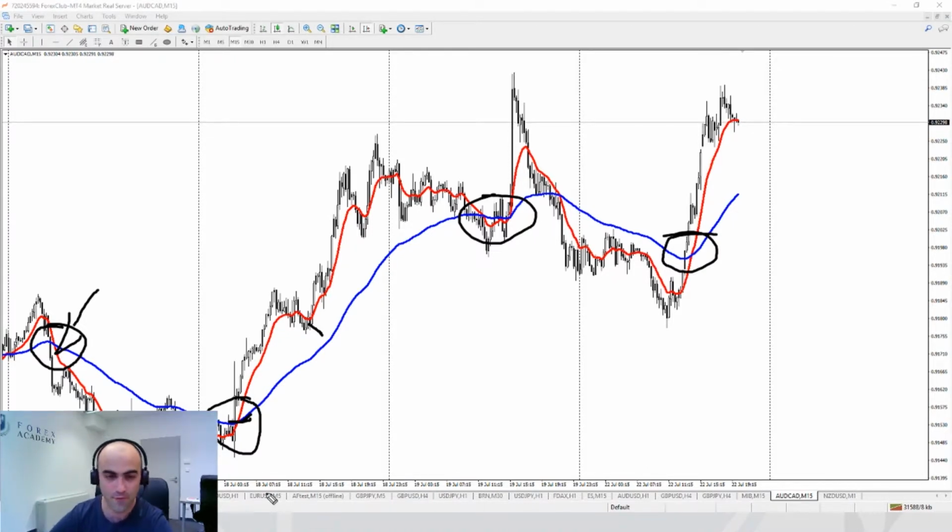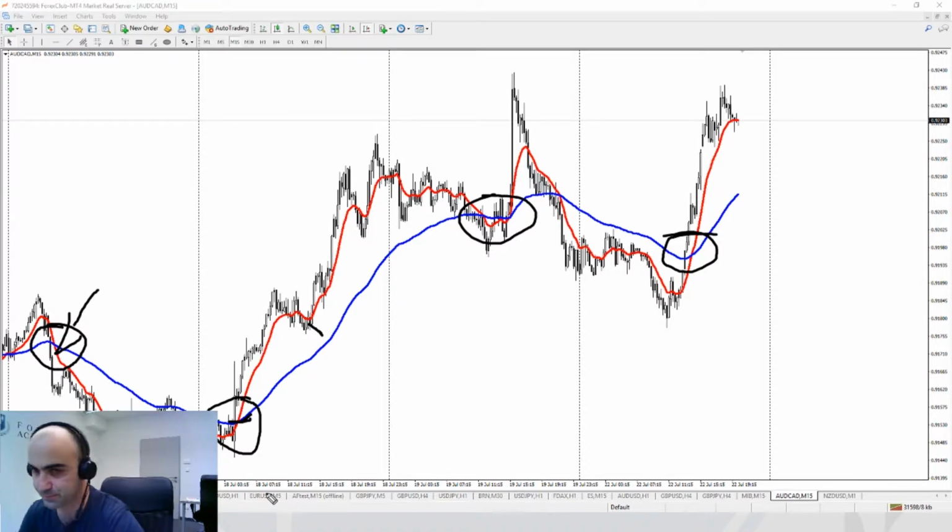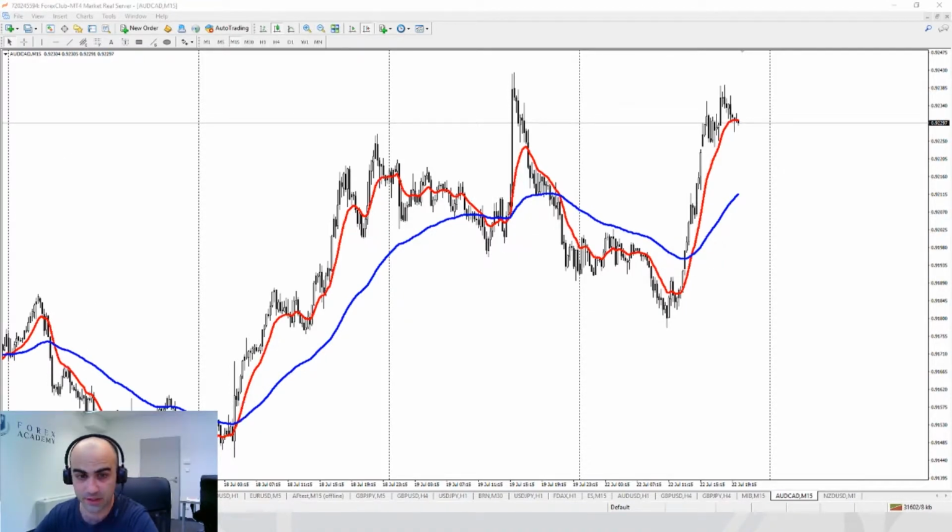Therefore, it is very important to understand these three specific points while using exponential moving averages: crossing points, convergence, and divergence.